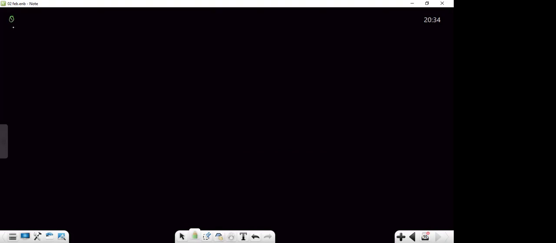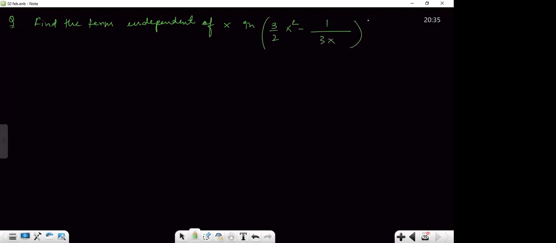In the next example, we have to find out the term which is independent of x in (3 by 2x square minus 1 by 3x) raised to power 9.